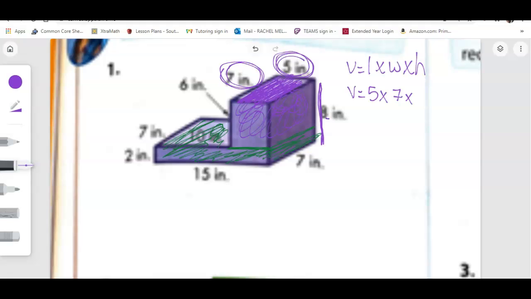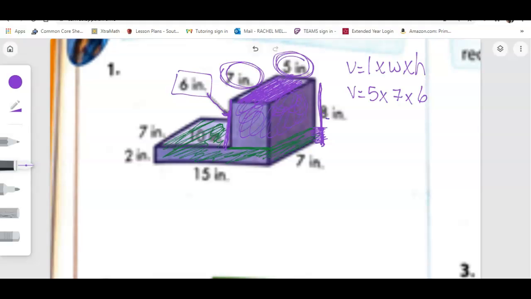But that includes this little bit right here that's in the green that we don't want. So if I look over here, look at this 6. Look where the arrow is pointing. It's pointing to this height, isn't it? So I want that 6 as my height.